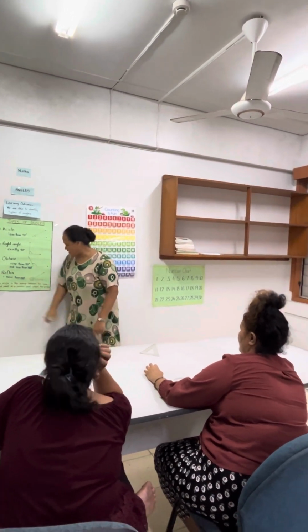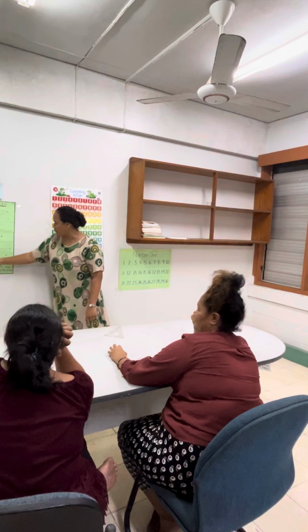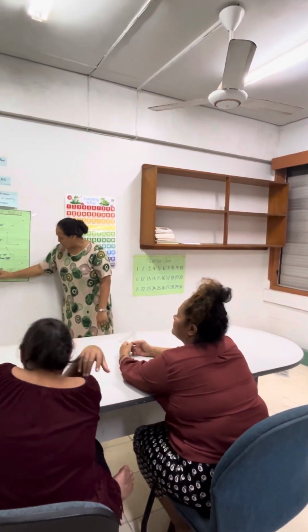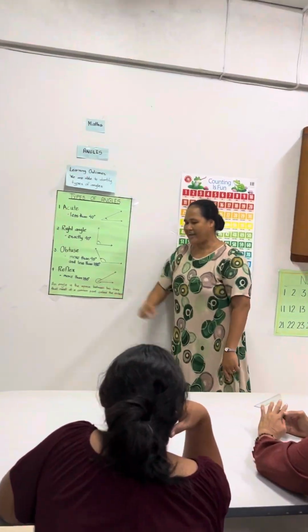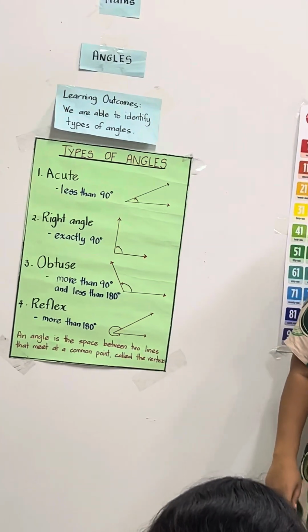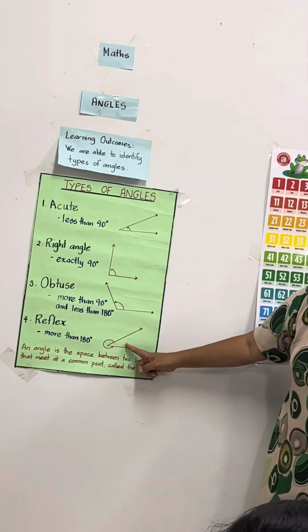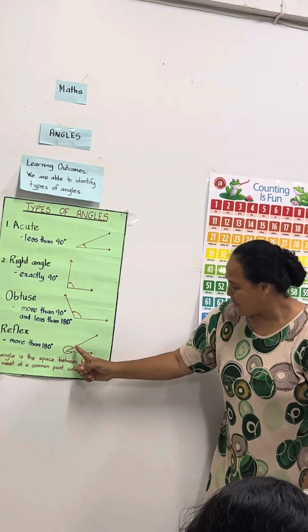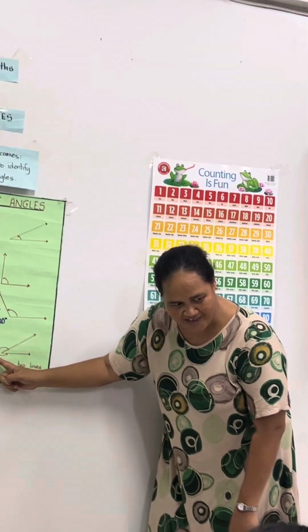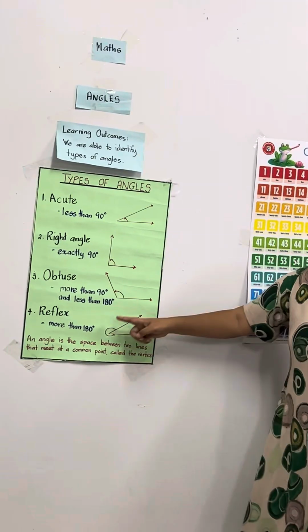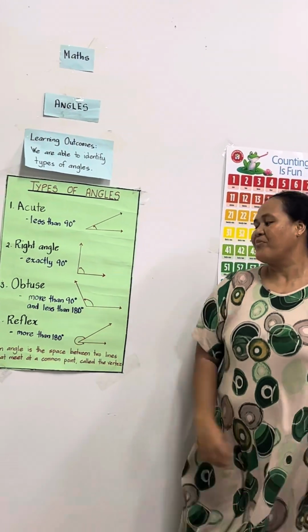The fourth type of angle is the reflex. It's more than 180 degrees, as you can see from the picture. Not the angle inside here, the one outside. It's called a reflex angle.